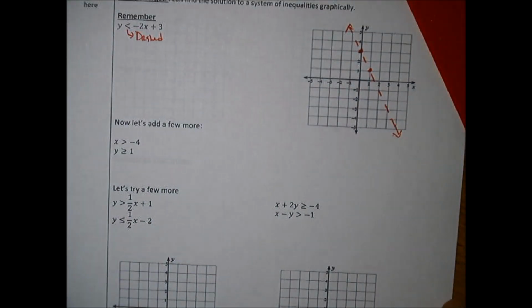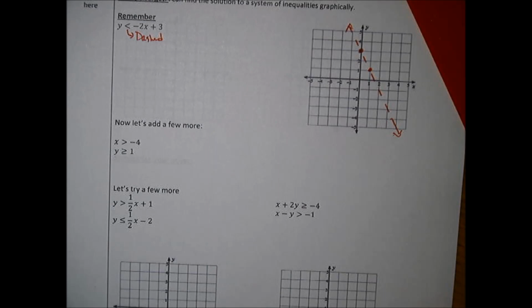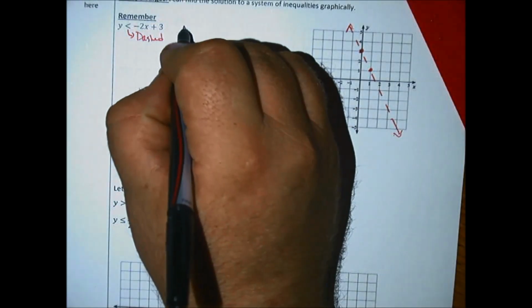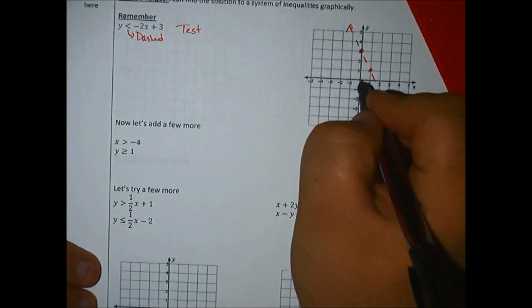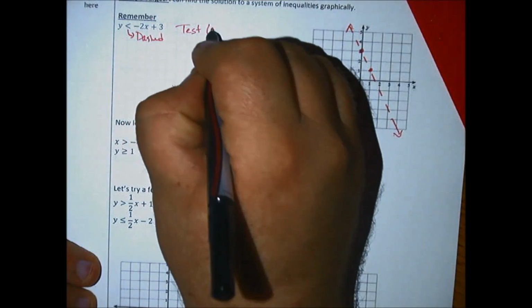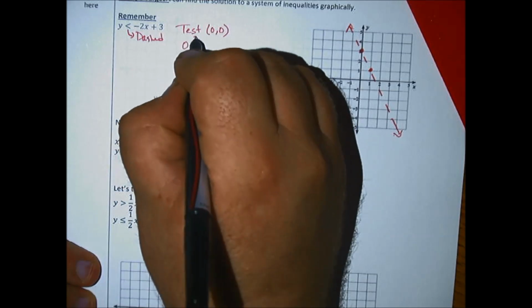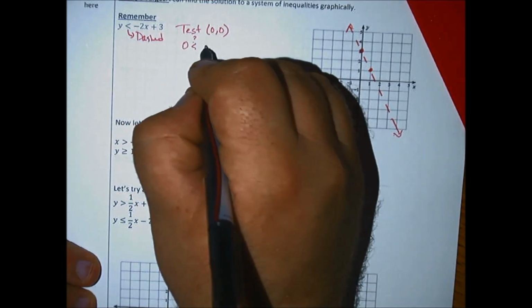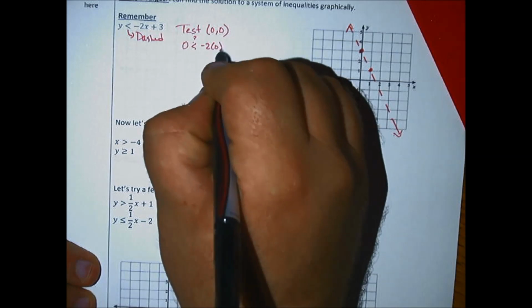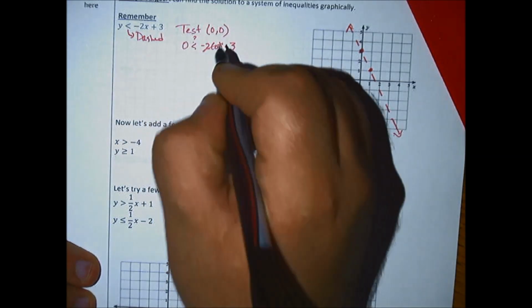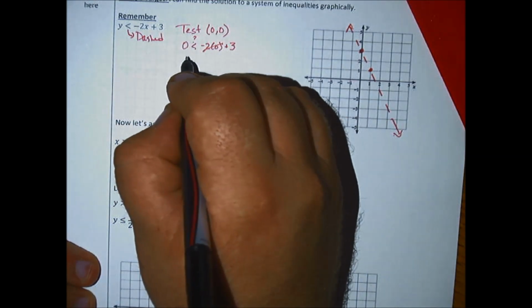Anyways, now I want to test a point. We can test 0, 0 because it's not on that line. So is 0 less than negative 2 times 0 plus 3? That goes away because we're multiplying by 0.